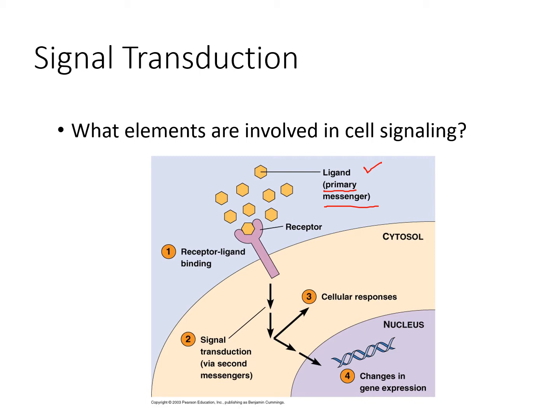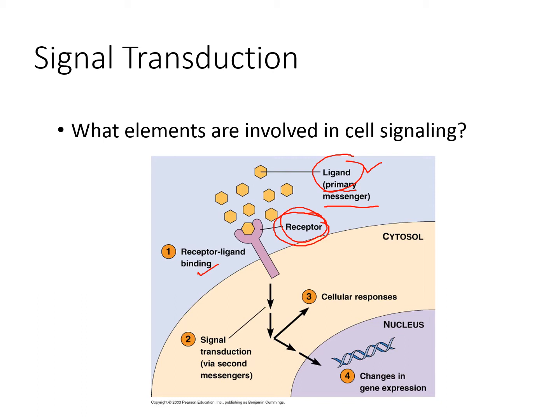So, and the second one is the receptor on the cell. Okay, so the first is the ligand and the second is the receptor. So the first event in the cell signaling is the receptor ligand binding.